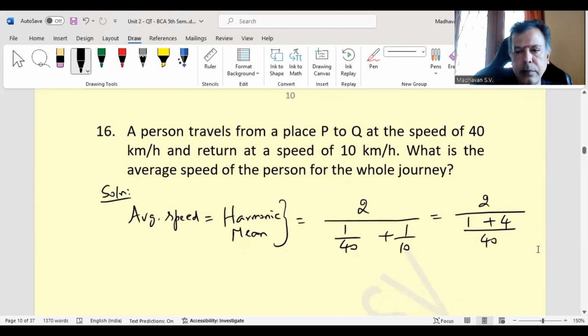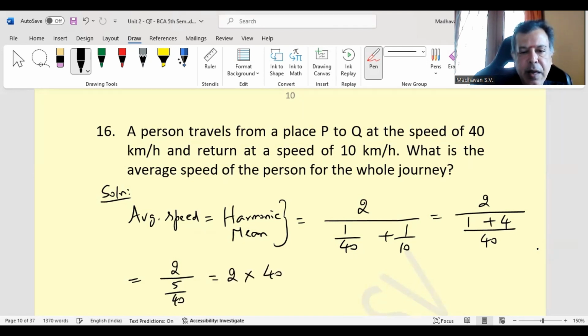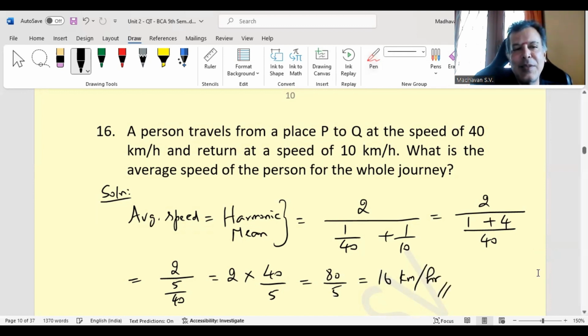Now this will become 2 divided by 5 by 40, which is 2 multiplied by 40 by 5. So we get 80 by 5, and that is 16 kilometer per hour. That will be the average speed. Let us move on to the next question.